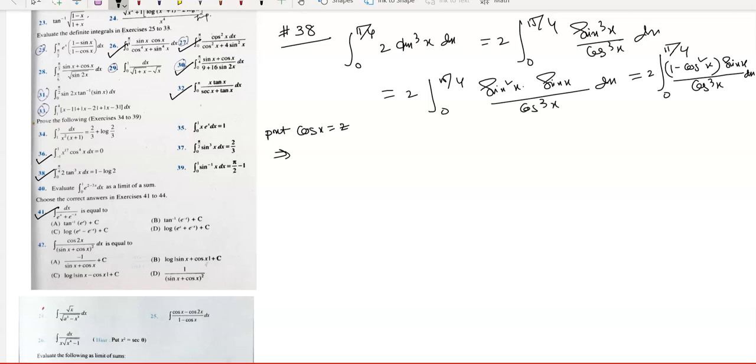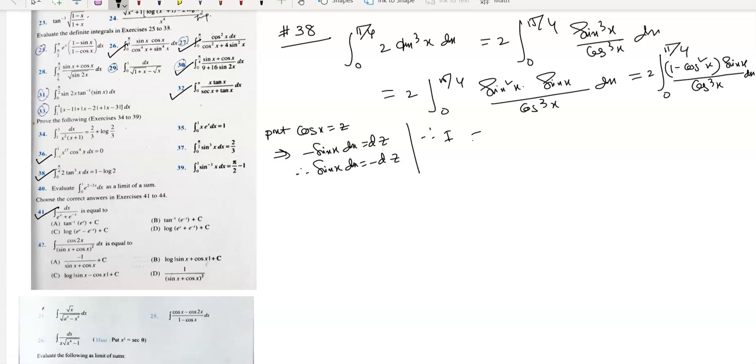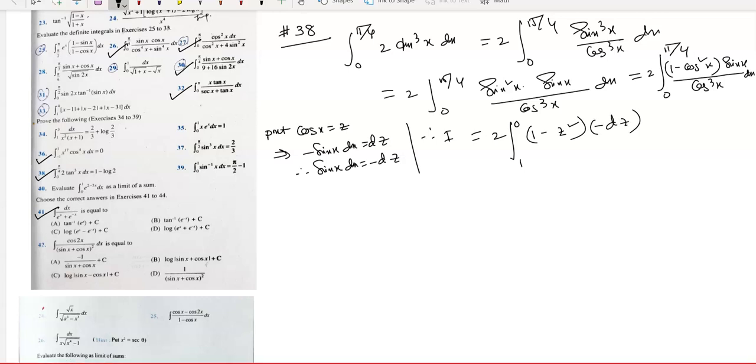Put cos x equal to z. So I is equal to 2 into, when x is 0, z is 1, when x is pi by 2, z is 0. So there will be 1 minus z square, sin x dx is minus dz, this divided by z cube, done.